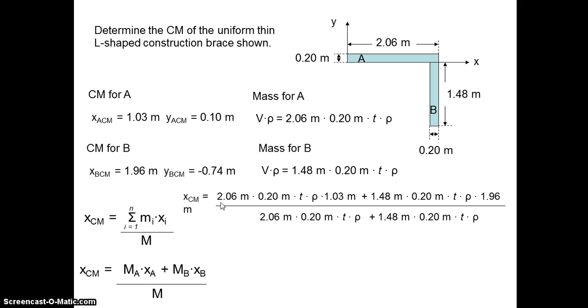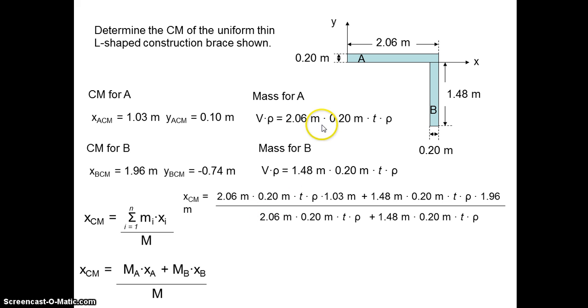So the mass of A is 2.06 times 0.2 times the thickness times the density. That's what we said here. And its position, that's the XA, we found was 1.03. Let's do the same thing for B. The mass of B is 1.48 times 0.2 times the thickness times the density, right there. Times its position in the x direction, which is 1.96. And then I have to divide by the total mass.